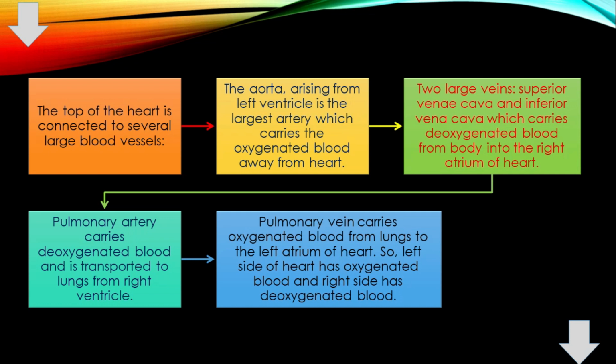the heart. Pulmonary artery carries deoxygenated blood and is transported to the lungs from right ventricle. Pulmonary vein carries oxygenated blood from lungs to the left atrium of the heart. So left side of the heart has oxygenated blood and the right side of the heart has deoxygenated blood.